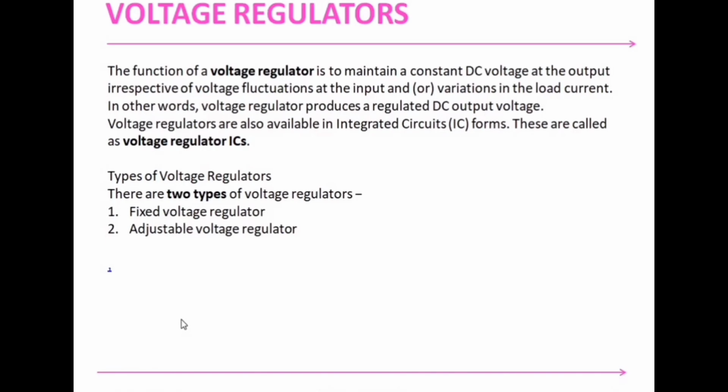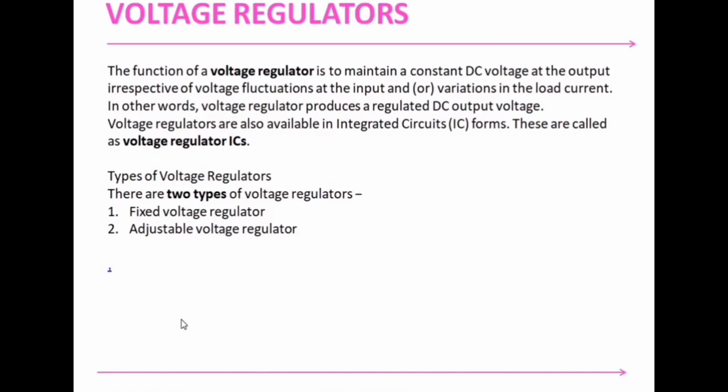These voltage regulators are also available in integrated IC forms. Before going to that, we will discuss the types of voltage regulator. There are two types. One is the fixed voltage regulator, another one is the adjustable voltage regulator.